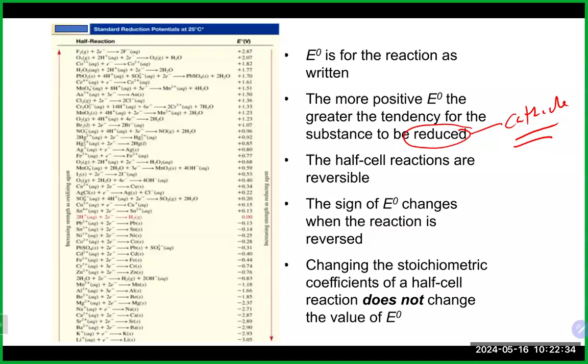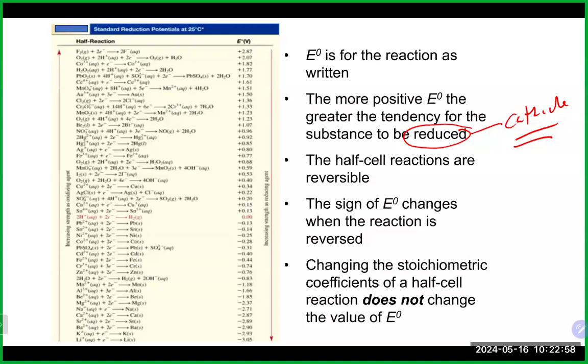Now, there should be a little asterisk on that, which is if they actually do give you an equation of what is going on in that problem, or they tell you in words how things are reacting, you should look at the equation and figure out what is being oxidized and what is being reduced. And then that's how you should determine your anode and cathode, which may be different than what the more positive one is.